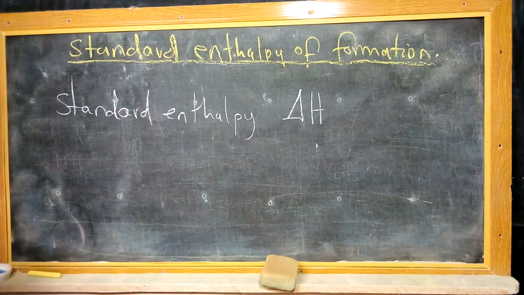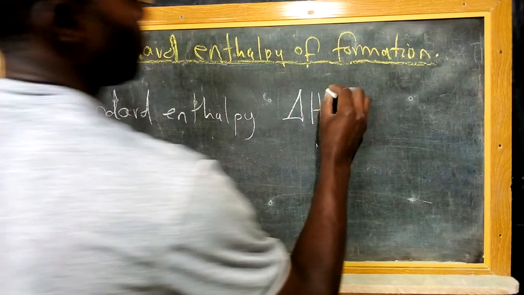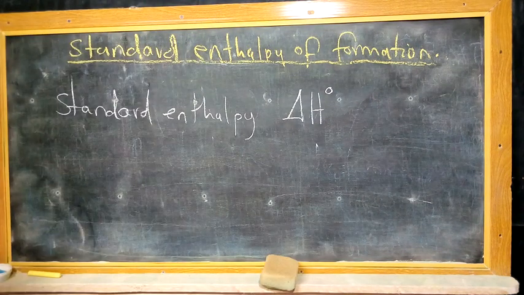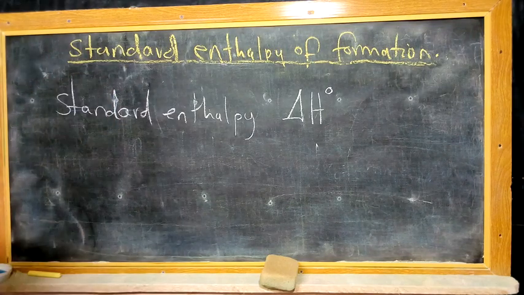So for that case, we shall demonstrate that using a superscript, that small note there, which is read as delta H naught. That is the standard enthalpy of maybe reaction and formation.